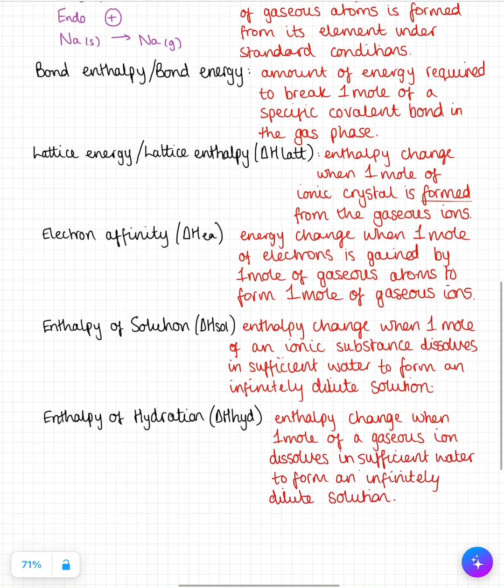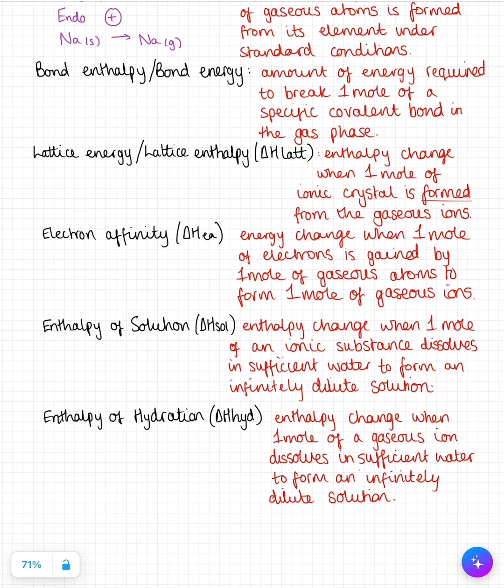Bond enthalpy, sometimes known as bond energy or bond dissociation enthalpy. This is the amount of energy required. If we require energy for something to happen, we have to absorb energy, therefore endothermic. So our bond enthalpy will always be positive.